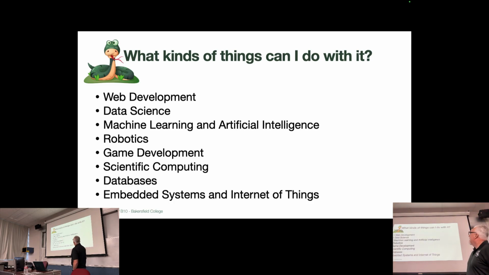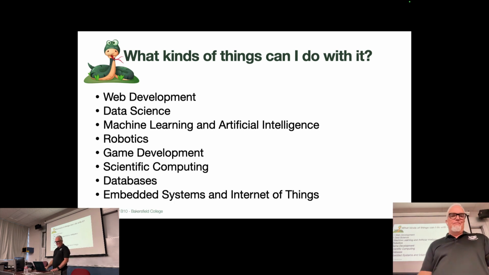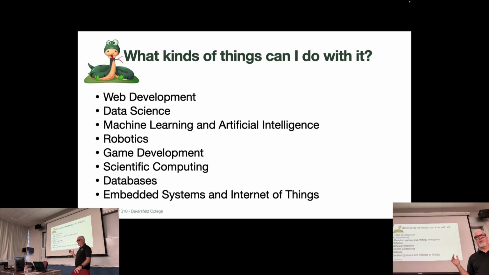I forgive myself. So, what kinds of things can we do with Python? I told you already. There's a lot of stuff you can do, but specifically, we can do web development. Okay, web applications. You can do data science, machine learning, artificial intelligence are things that are very popular. Robotics, game development, scientific computing.